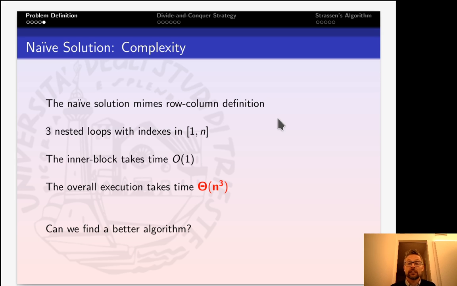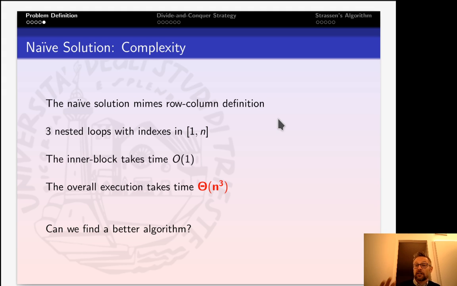Can we find a better algorithm? Well, to be honest, I was asked precisely this question many years ago, and my answer was I don't think so. But of course we are dealing with this topic in the course, and guess what? Of course there is a better algorithm, which is quite weird because the naive solution mimics the row column multiplication definition.